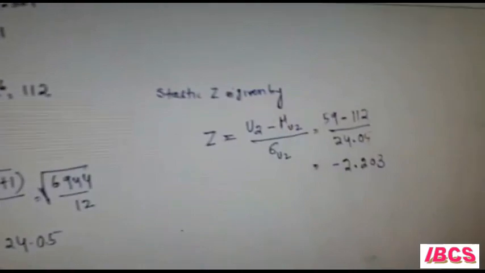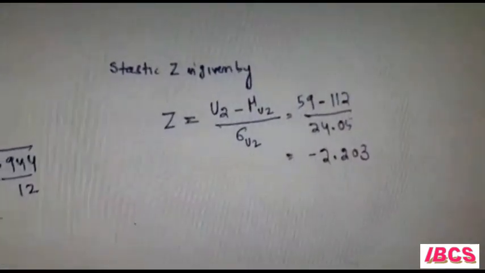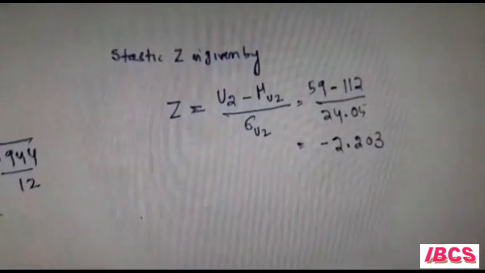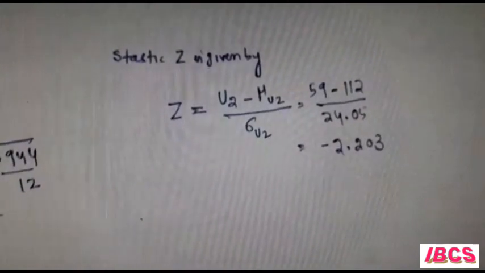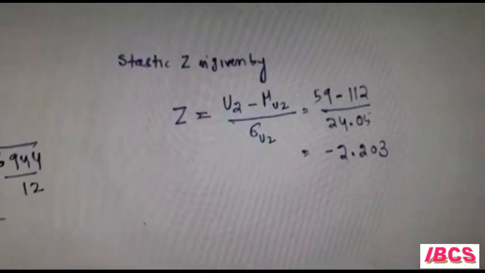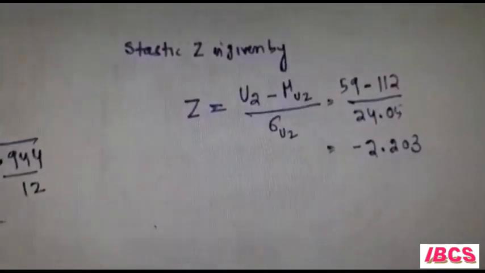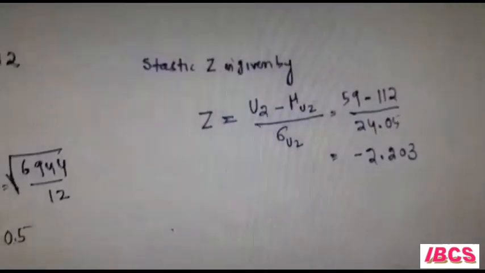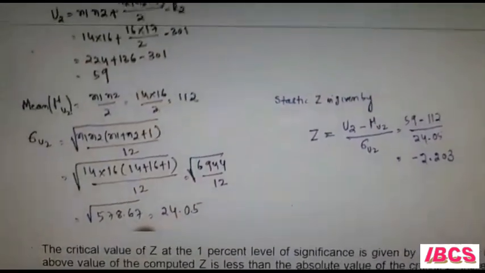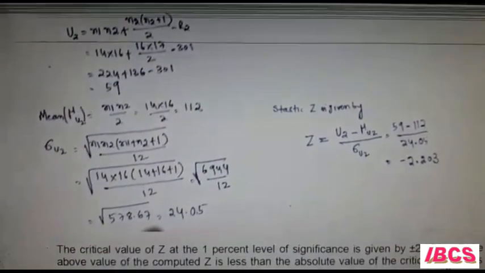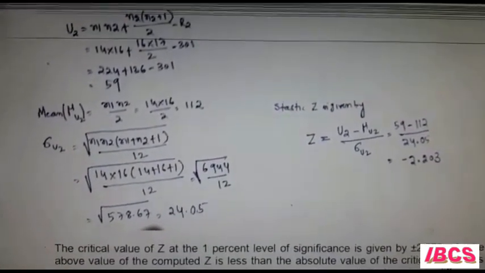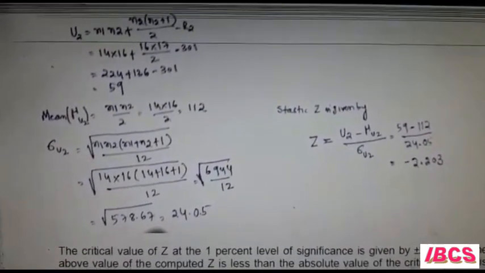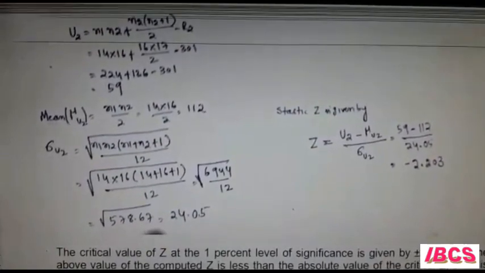After that we calculate the Z statistic, as we have taken, U2 minus mu U2 by standard deviation of U2. So we get minus 2.203. This is the way U2 is calculated. If you go for U1, then you use the summation of rank R1.